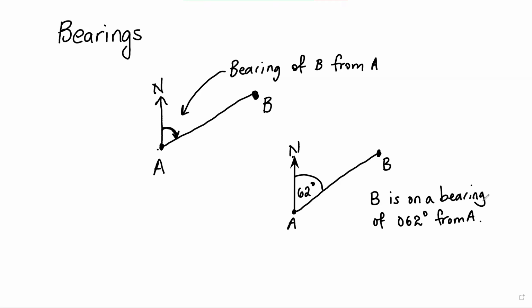There are two angles around this point A. You have one angle, which would be this anti-clockwise angle here, and that anti-clockwise angle will really be 360 take away 62. Why? Because the angles around a point add up to 360 degrees. So this angle here is really 298 degrees. However, your bearing is always your clockwise angle. So this angle here is your bearing of B from A.